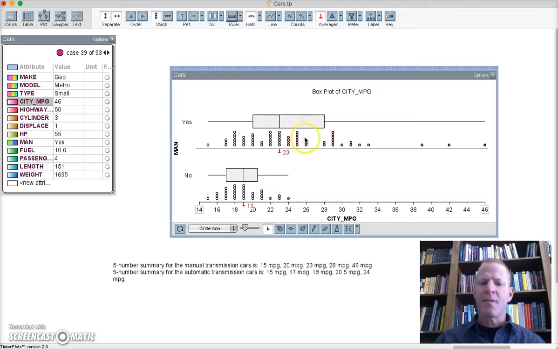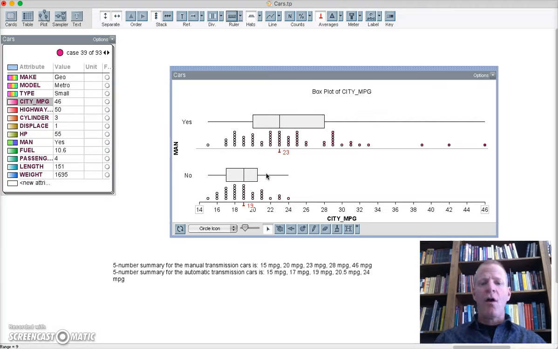What does that mean? That means, and it should be pretty obvious, that this one is more spread out and has more variation than this one, because the number that we measure the spread with here is 8. The number for here is 3.5. That's a bigger number, so that means a bigger IQR, which means a bigger spread than here.